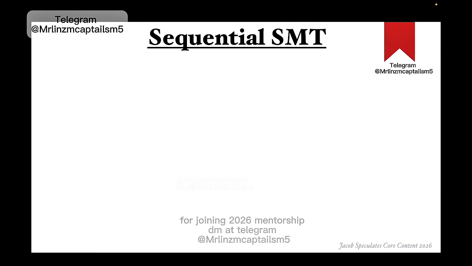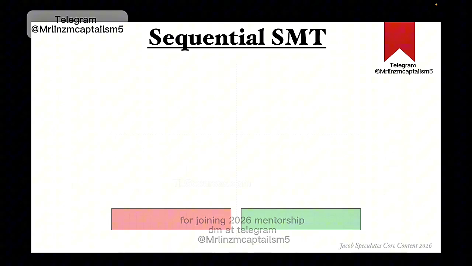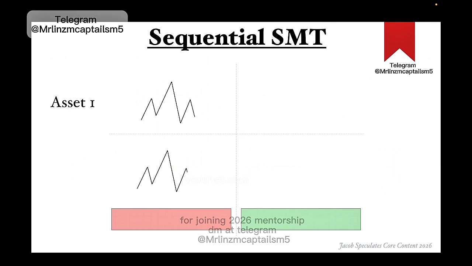Now looking at a diagram, the box on the left would be a quarter, and the box on the right would be a quarter. The vertical line separates the quarters. In the top left box, this is an asset providing price data, and in the bottom left box, a different, closely correlated asset is providing price data as well.